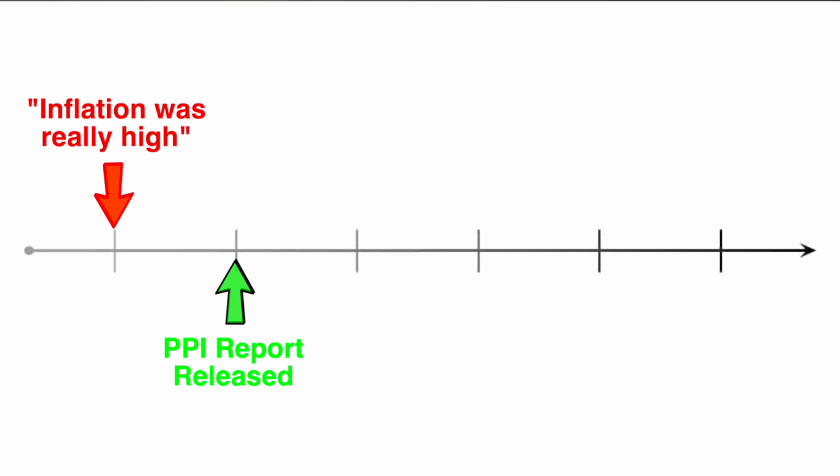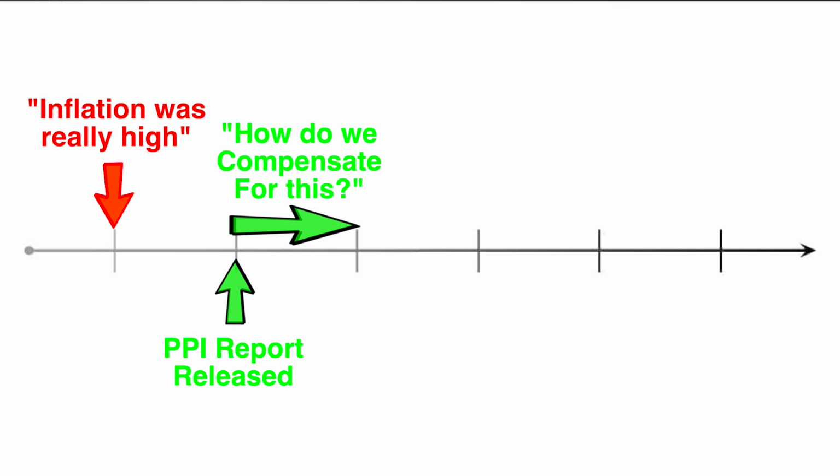Alright, so let's say right now we're in February, the PPI just got released. All these companies are going to look at this PPI result and go, shit, our inflation was really high in January. Now they're going to take about a month to strategize. How are we going to get our money back? What are we going to do? And they're going to figure out, oh shit, we just got to raise our prices.